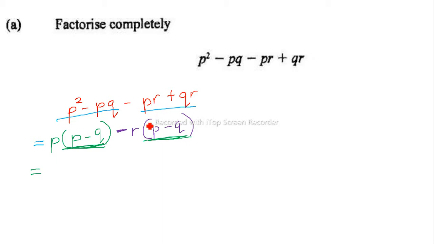Right? R times p is pr. What is r times q? qr. Okay, that's how we get it. So p minus q here, p minus q is here. We're going to factor out the p minus q. And then we are left with simply p minus r.